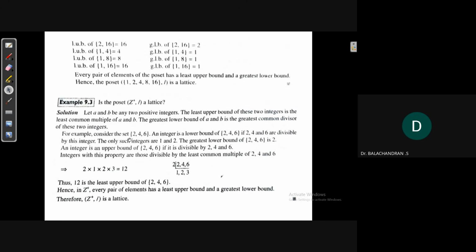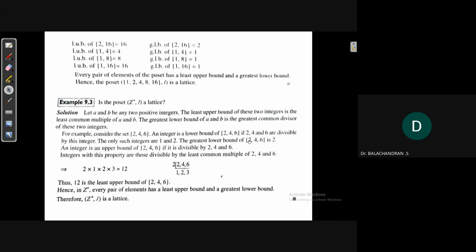Here they are just explaining further. For example, consider the set {2, 4, 6}. An integer is a lower bound of 2, 4, 6 if 2, 4, 6 are divisible by this integer. The only such integers are 1 and 2. Among 1 and 2, the greatest one is 2. So 2 is the greatest lower bound.